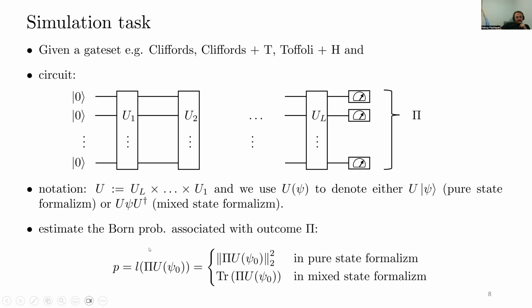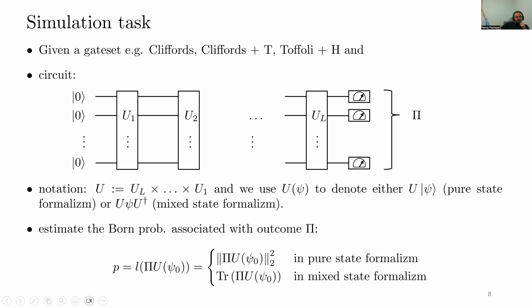Okay. And so, given this circuit and this outcome of interest, our goal is to estimate the Born probability associated with the outcome pi. And that Born probability could be written as the length of the projector acting on psi 0 evolved under U. Specifically, in the pure state formalism, we get psi 0 left multiplied by U, acted on by pi.